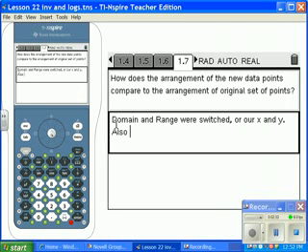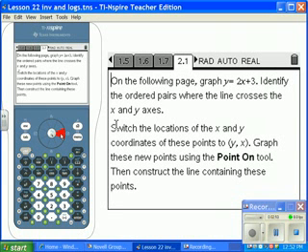Also, it showed a reflection over the line y equals x. So domain and range get switched, or our x and y values, and also it shows a reflection over the line y equals x. So all of these are ways to look at the inverse of a function.